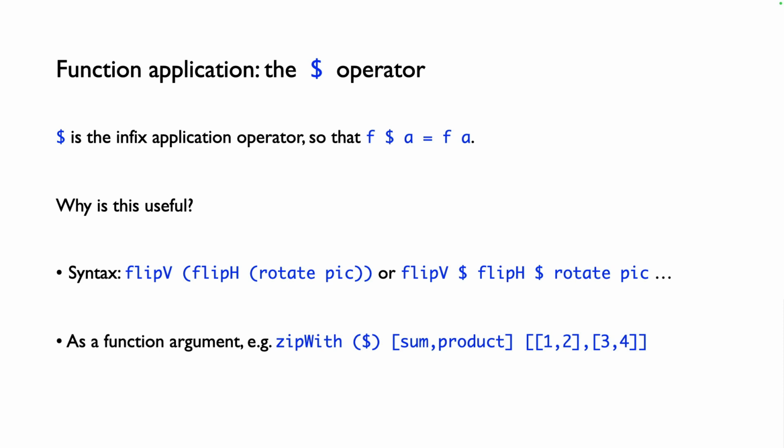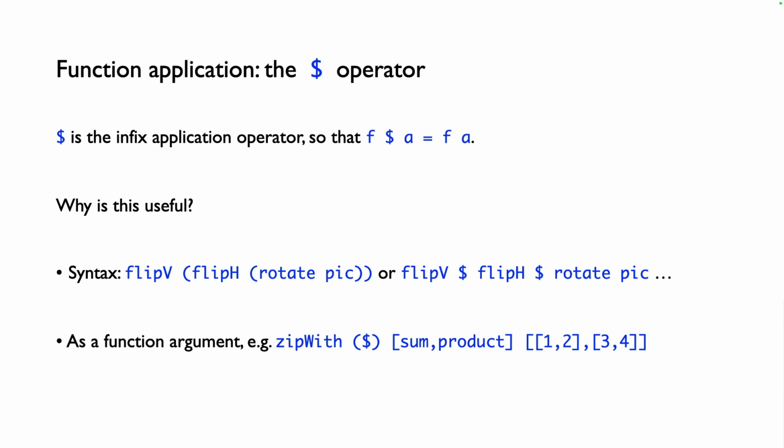And so here dollar is right associative, meaning that we have to write fewer parentheses. So it's a stylistic thing that some Haskellers really like. But in a way, that's just about syntax.